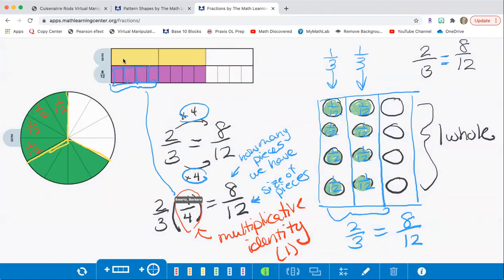We're taking the 2 and cutting up into 4 more pieces, 4 equal pieces, and taking the 3, the whole, cutting up each piece into these 4 extra pieces, so that way we're keeping the same scale of 2/3 of the whole, which is the same as 8/12 in this case, when we had changed the number of pieces in the whole to be 12.